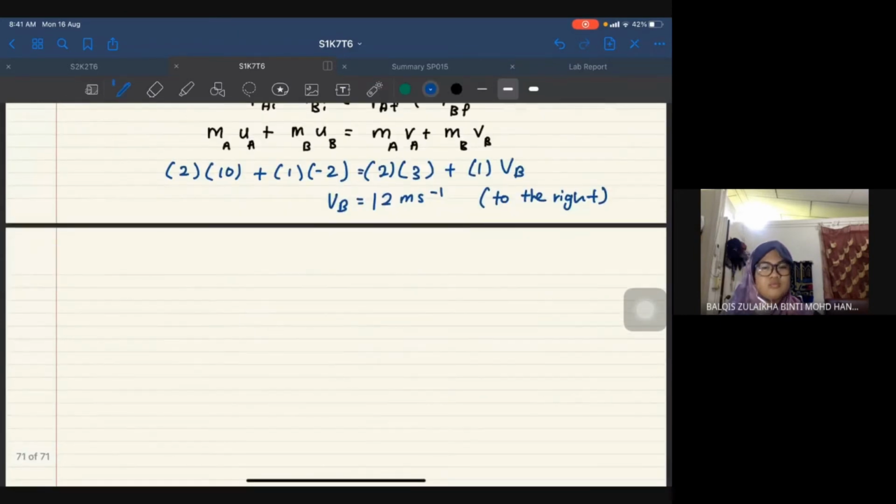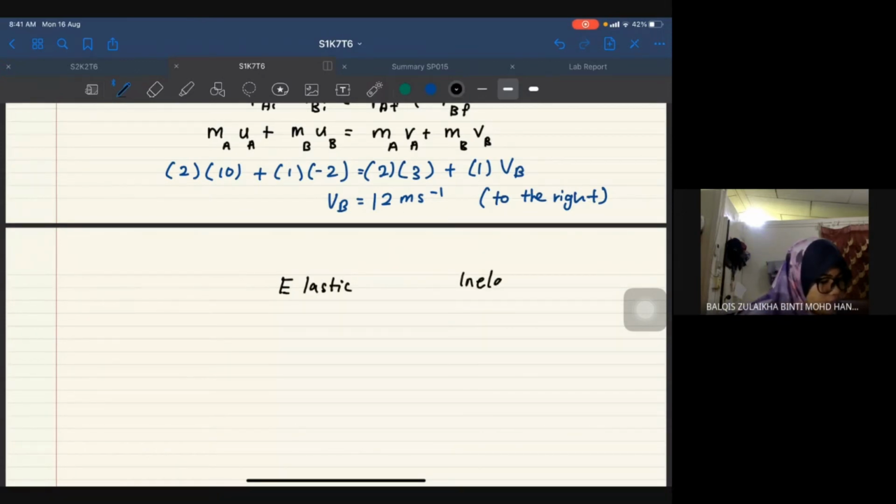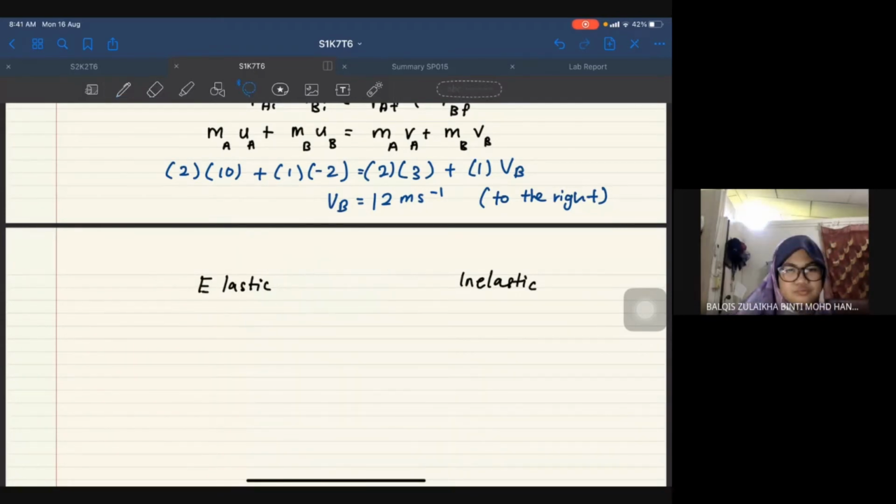Now, we want to determine whether the collision is elastic or inelastic. Okay, so how do you determine whether this one is elastic or inelastic?